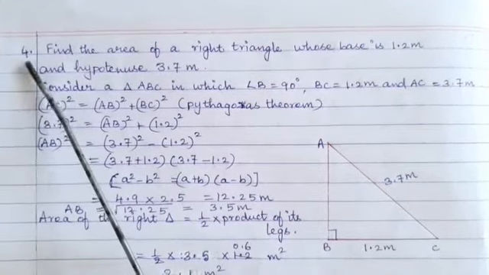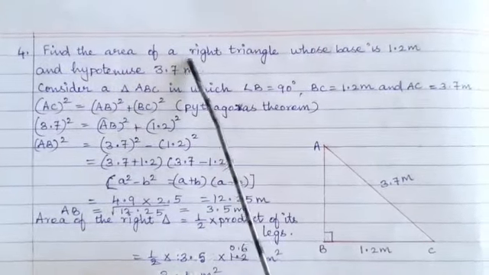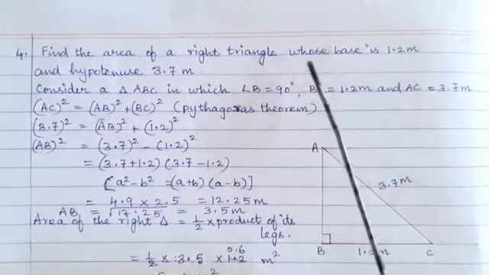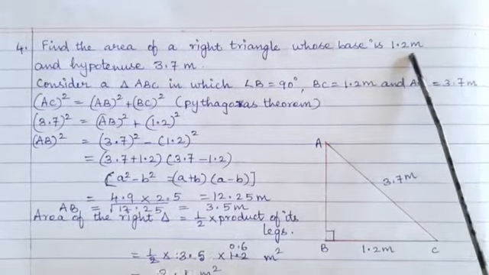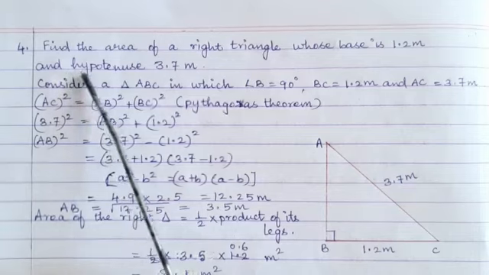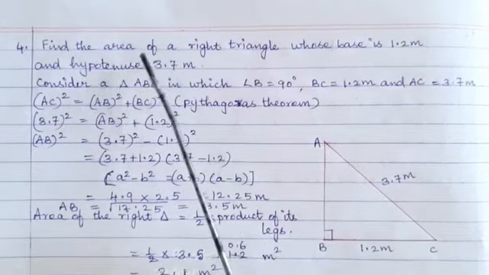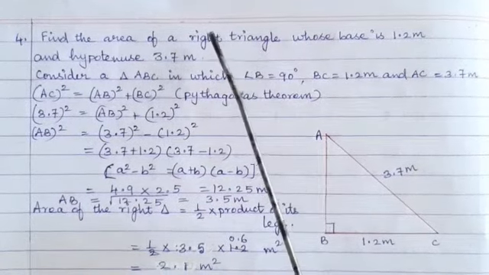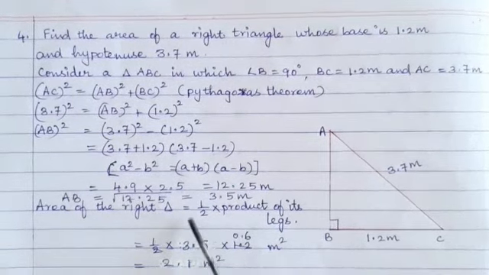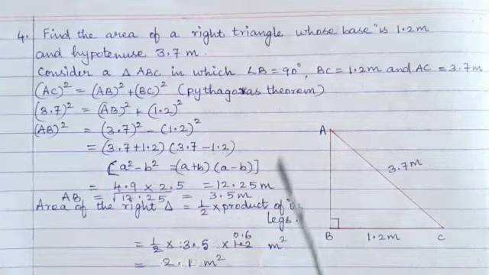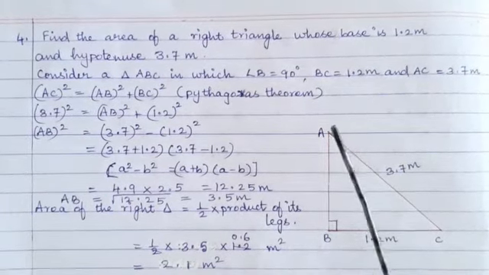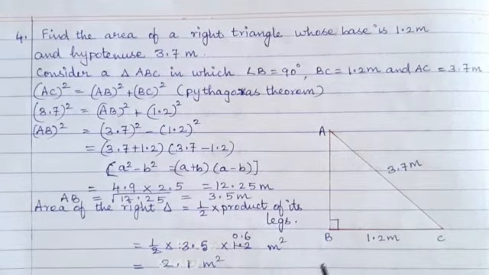Question number 4. Find the area of a right triangle whose base is 1.2 meter and hypotenuse 3.7 meter. Here the question asks for the area of a right triangle. So we have to use the formula half into product of its legs. Now you draw the figure, then you can know it. What is base?